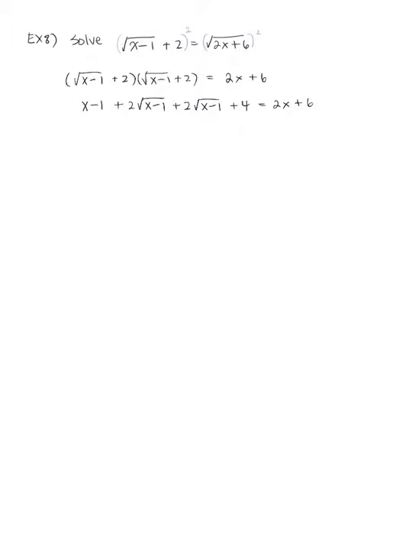So then, let's combine these two guys together. And then I guess we can combine minus 1 and then plus 4. So we get x plus 4 square root of x minus 1 and then plus 3 equals 2x and then plus 6. Alright, so look at it. We still got that radical, so we need to isolate that radical.